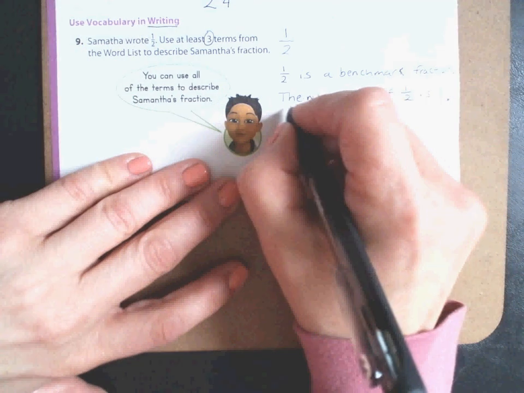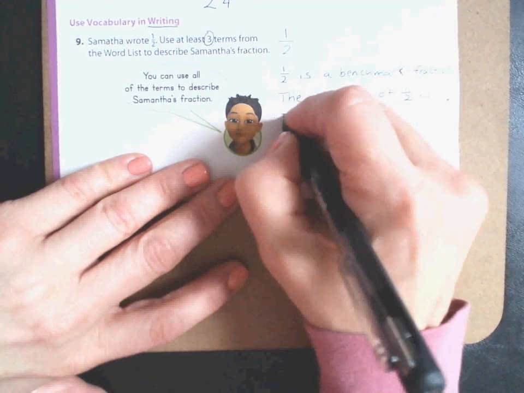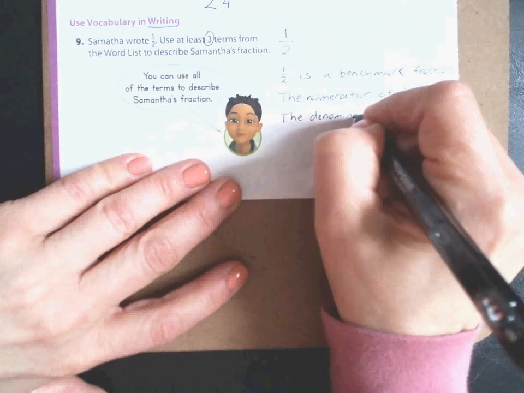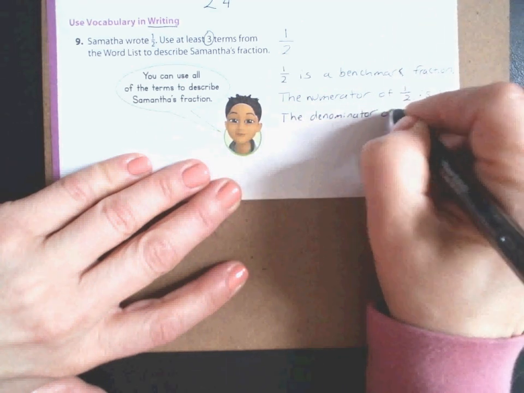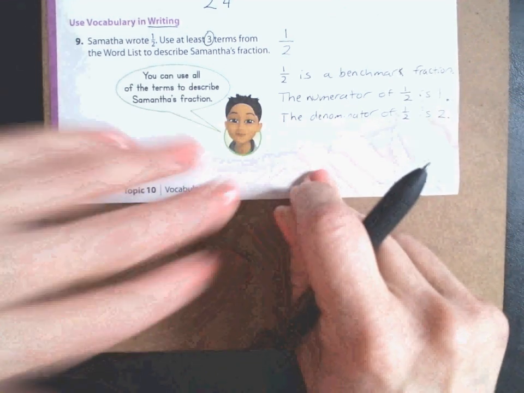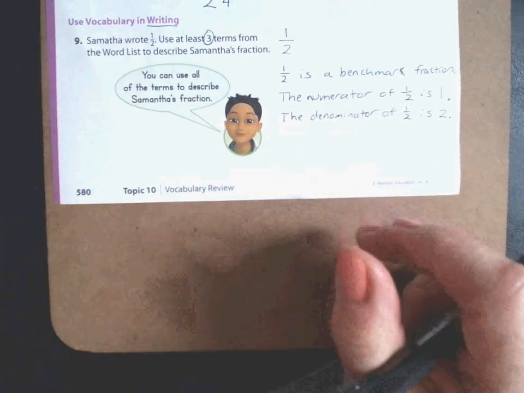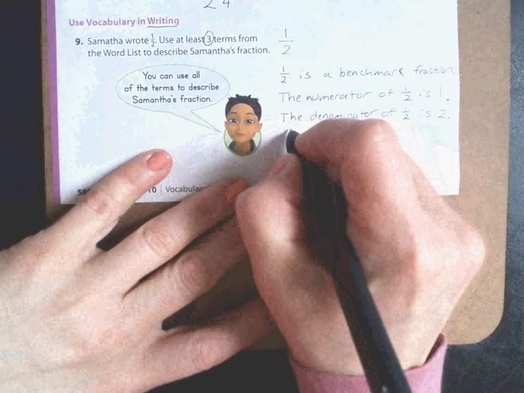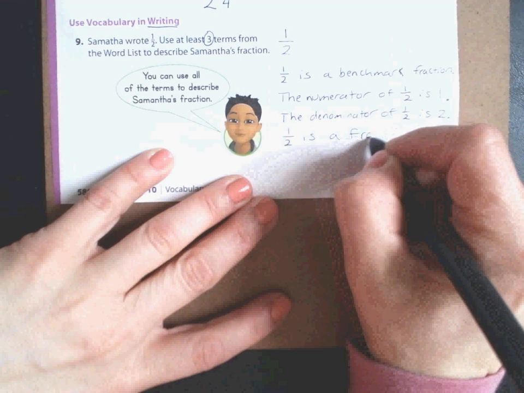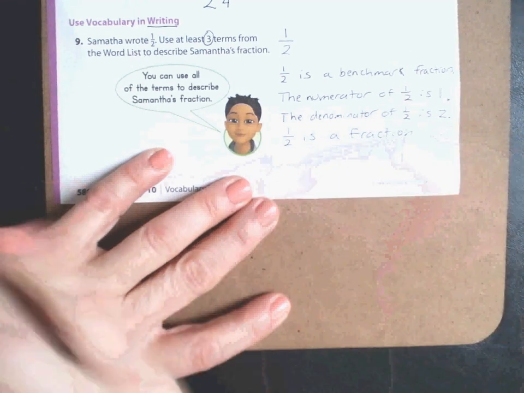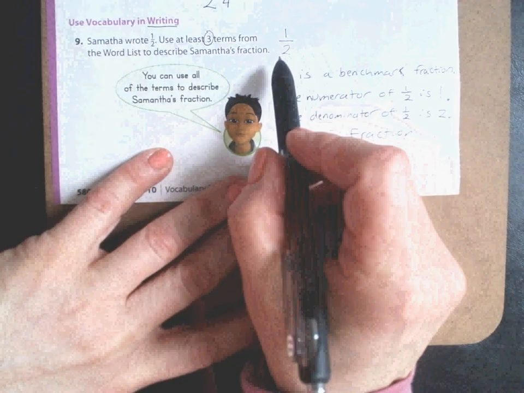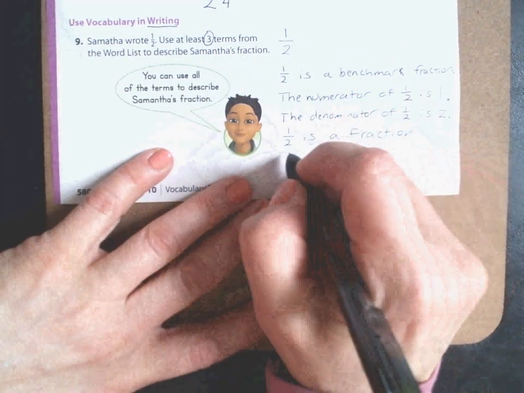And you could have also said the denominator of 1/2 is 2. There's also, you could have said 1/2 is a fraction. And also think about, is 1/2 a mixed number? It's not, because it does not have a whole number.